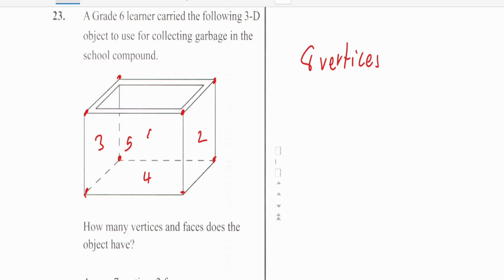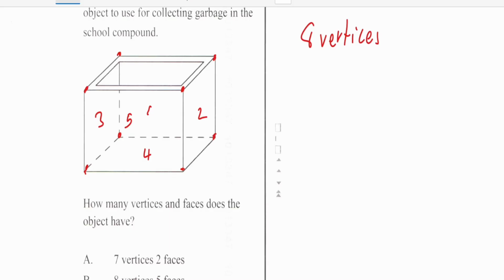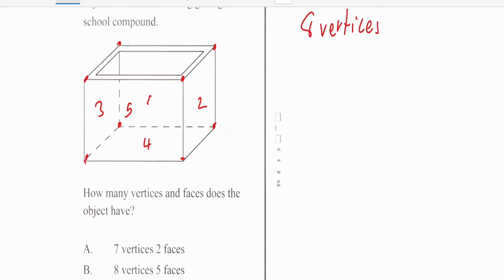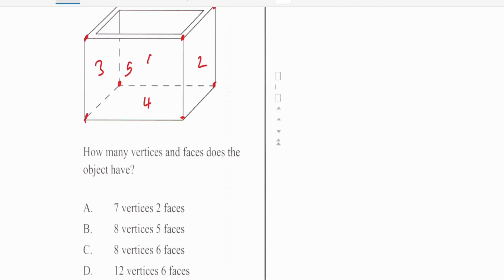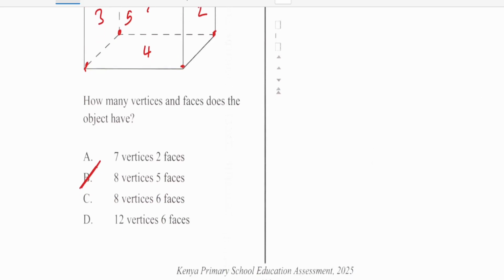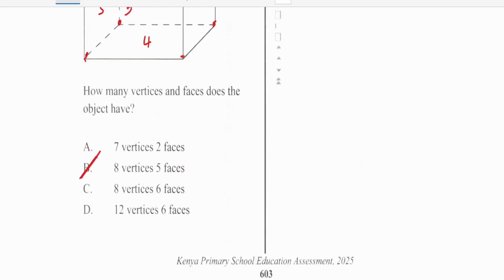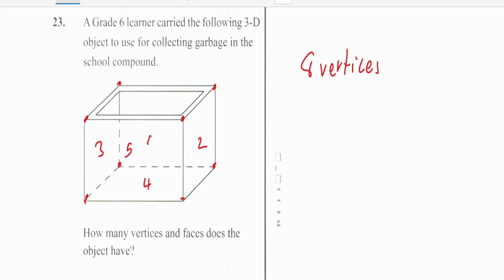So those are 5 faces. You just exclude the one at the top. So basically, it's 8 vertices, but 5 faces. That should be the case. But just in case I'm wrong, you can correct me if you're a teacher. But I'm very sure it should be like that.